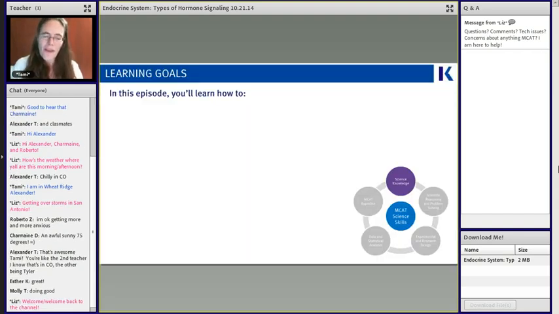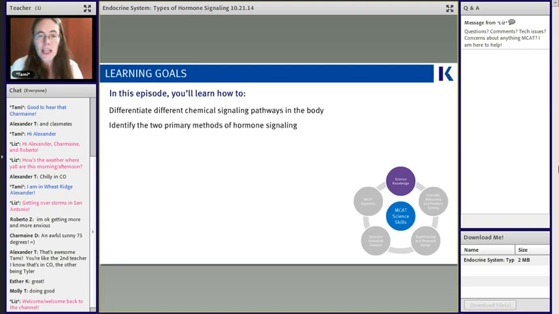So we have 4 very specific learning goals that we need to achieve in this hour. These 4 learning goals are understanding the different types of pathways that we have for signaling within our body, looking at the 2 primary methods of hormone signaling, and looking at different hormone classes.